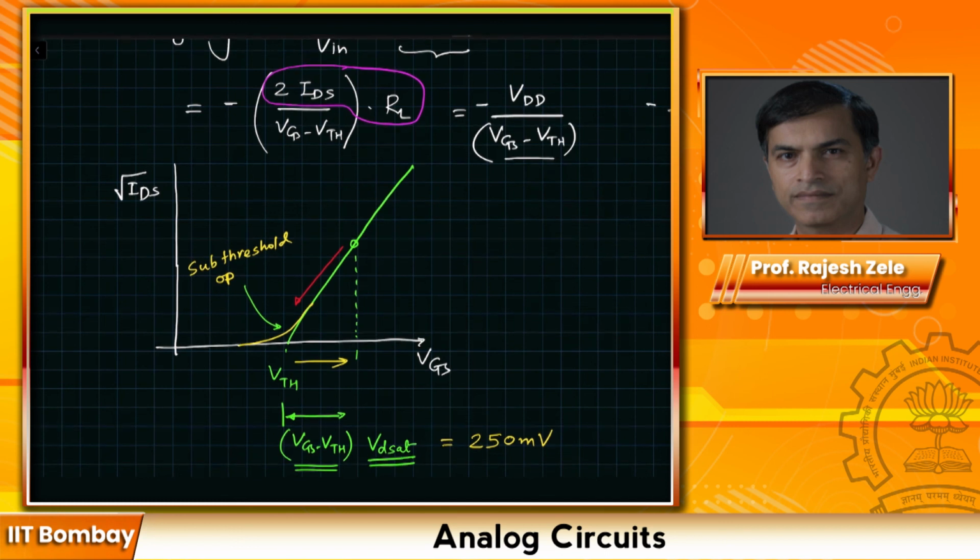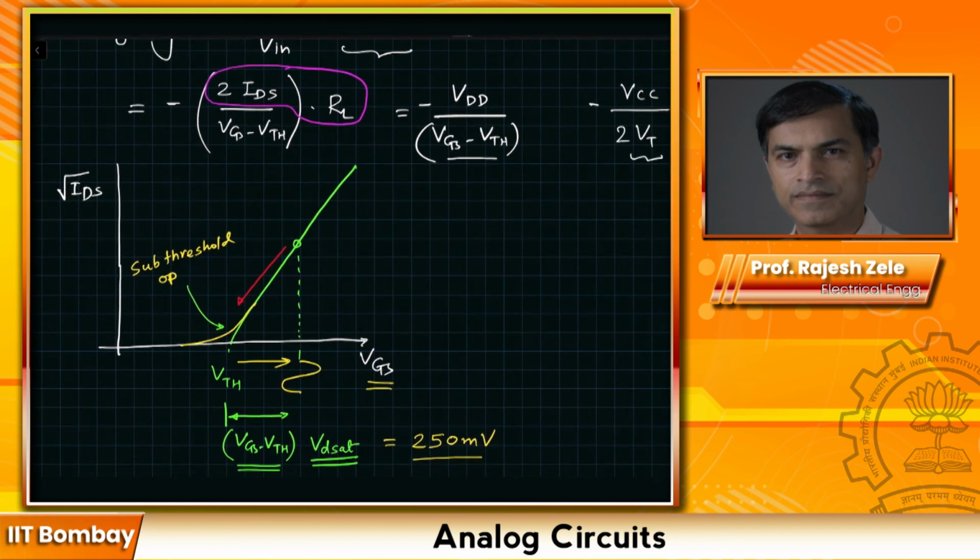Another thing to note is you're applying a sinusoidal input signal on top of this VGS DC bias. So we want to make sure that whatever signal you're applying doesn't drive the transistor into the subthreshold region also. That's one more reason why you would like to choose VGS minus VTH to be a little bit larger. Having said this, we can now calculate the value of the MOSFET gain, for VDD equal to 2.5 volts.